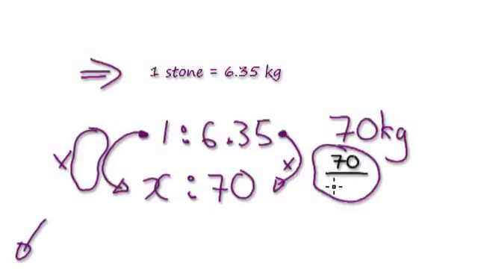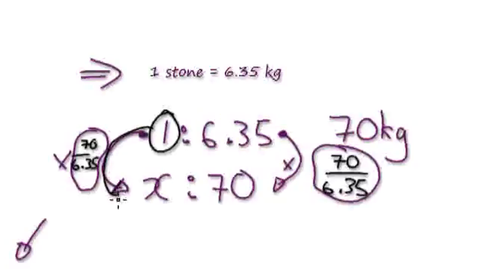The original here would be 6.35. So you start here and times the multiplier to get into the x. So 1 times this is just the same thing, so x is really 70 over 6.35.